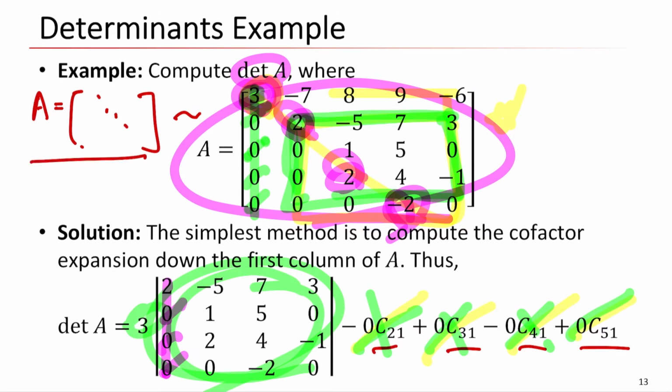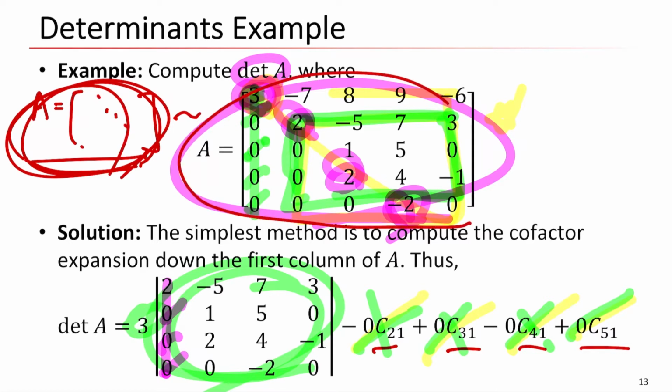Rather than computing the determinant of the original matrix, because the original matrix is very complicated, if we can use the determinant of this one, then we can accelerate the computation of the determinant of the original matrix A, right?